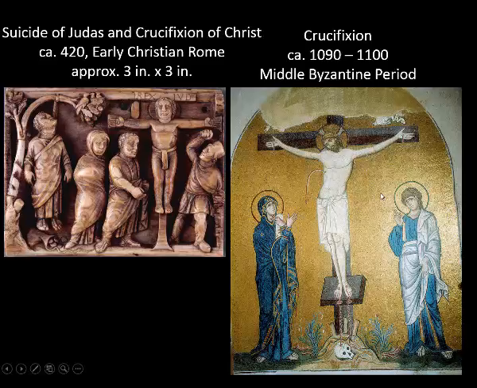However, by the time we get to the middle of the Byzantine period, we do start to see that the humanity of Jesus does begin to be emphasized, and the physical pain that he feels being crucified is something that's recorded in art. So there's two types of crucifixion images. These kind of sleeping, floating Jesuses, and then these pained Jesuses. He's got his beard, typical now of the Byzantine period and beyond.